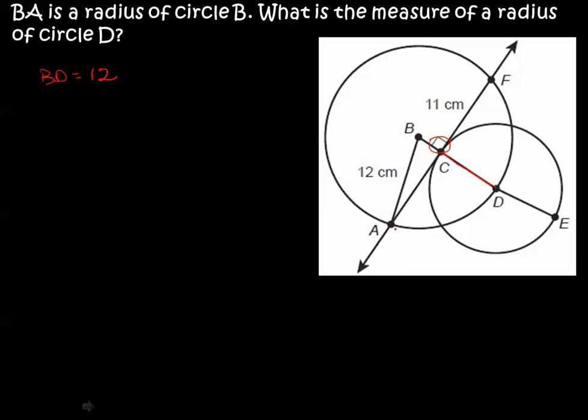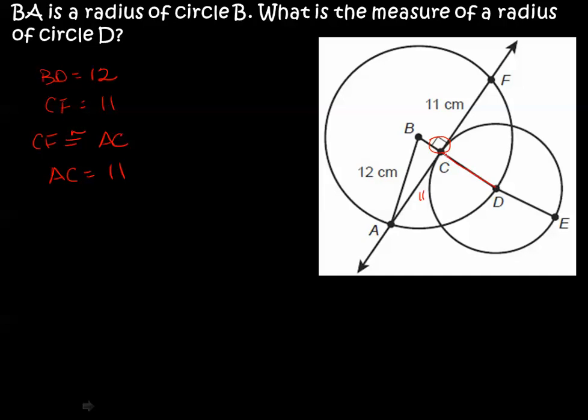Since we know that CF equals 11, and we know that CF is congruent to AC, then we know AC equals 11. So I'm just pulling all our information together. So there we go. We know that BD is 12.